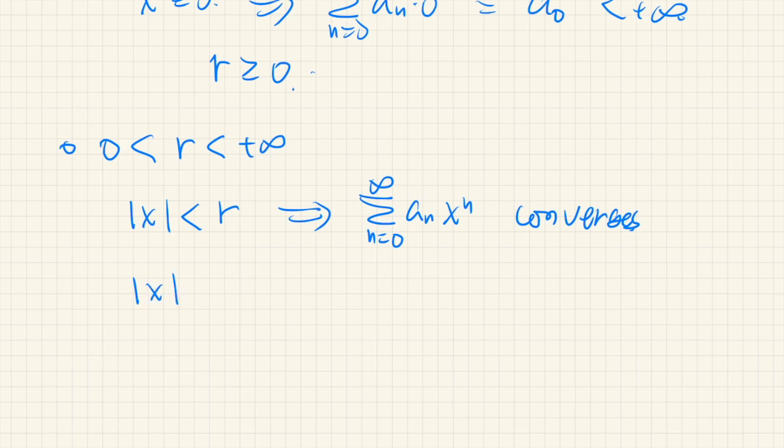And if the absolute value of x is greater than r, then this diverges. By the way, if the absolute value of x is exactly equal to r, we don't know what happens in general. It depends. It may converge, it may diverge. We don't know.